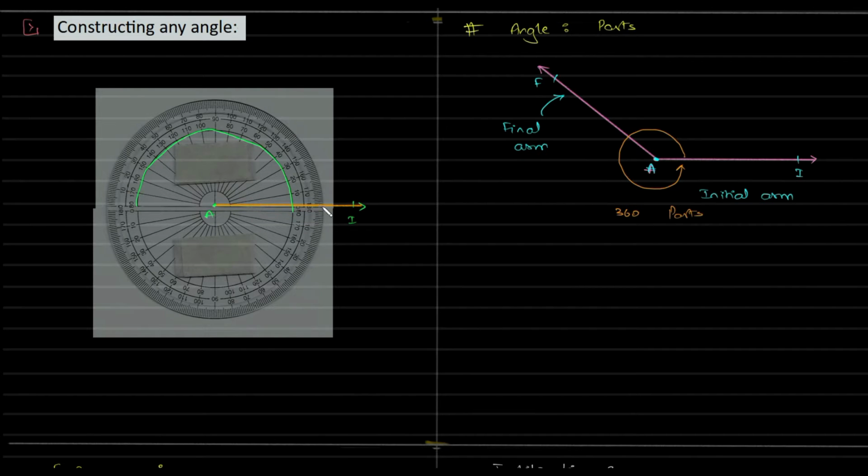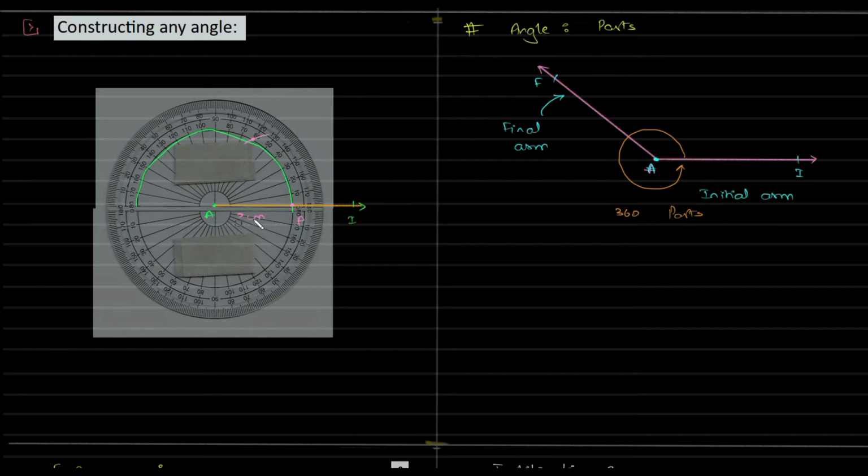Now this arc intersects the initial arm at, say, point P, and we have drawn a semicircle with a radius of AP. With the same length, say this is 3 centimeters, from point P I'll cut an arc. If you have done a good job, the point where these two arcs meet will by default be at 60 degrees.